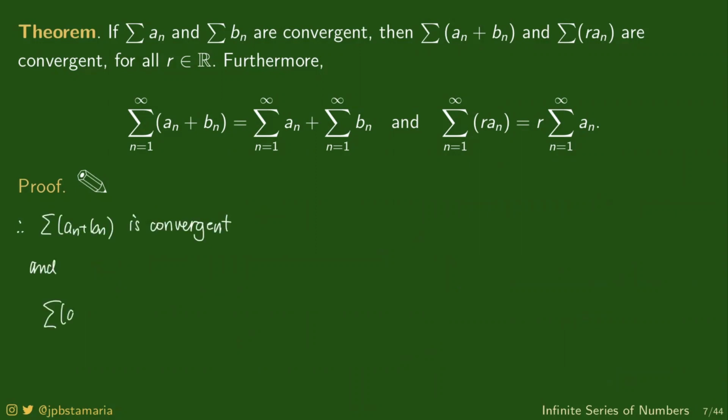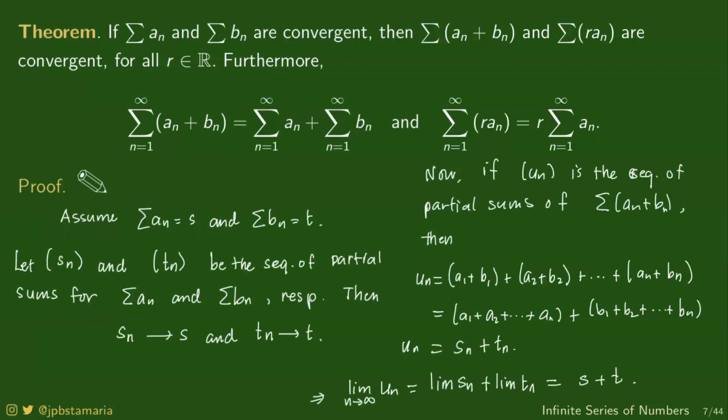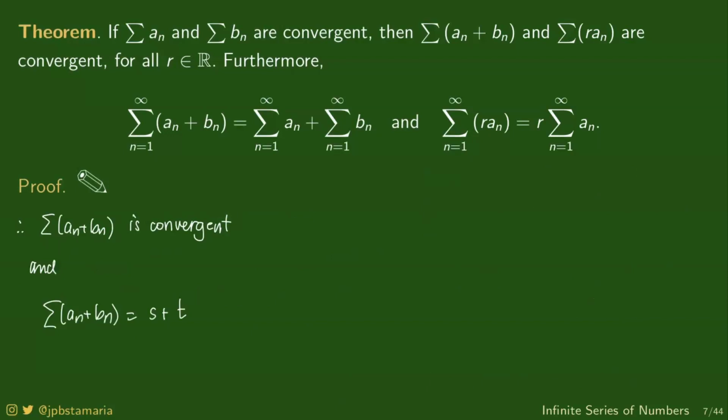At ang sum niya ay S plus T. Diba? Yun yung limit kasi ng sequence of partial sums niya. S plus T. But what is S? Yun yung sum ni A. Si T siya naman yung sum ni B. Okay? And that completes the proof for the first case.